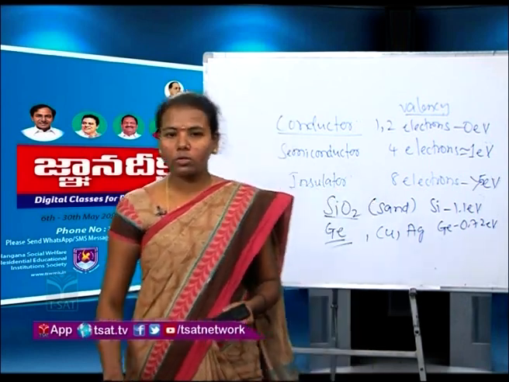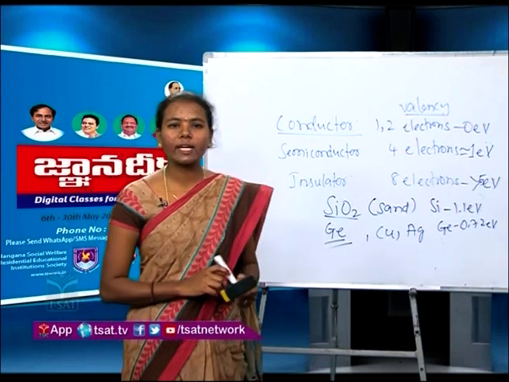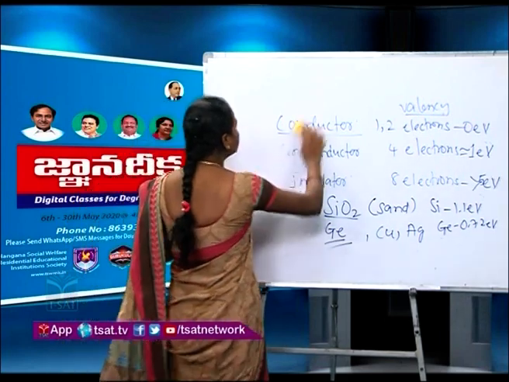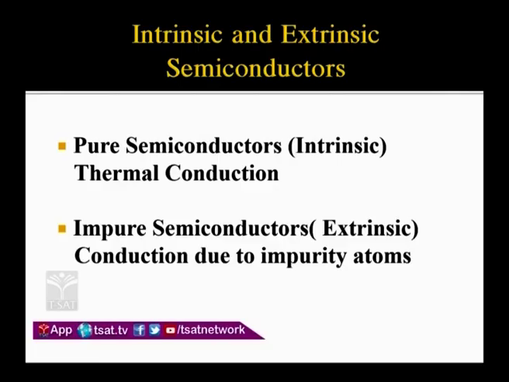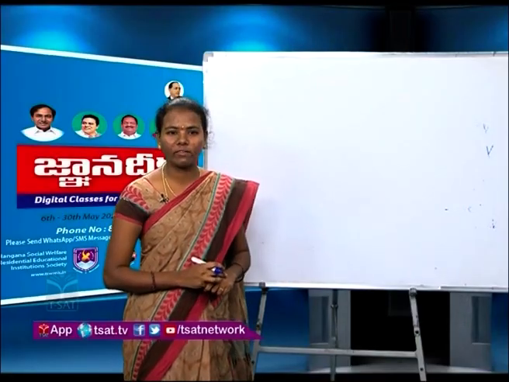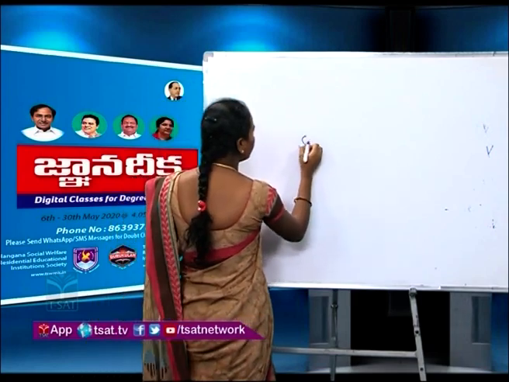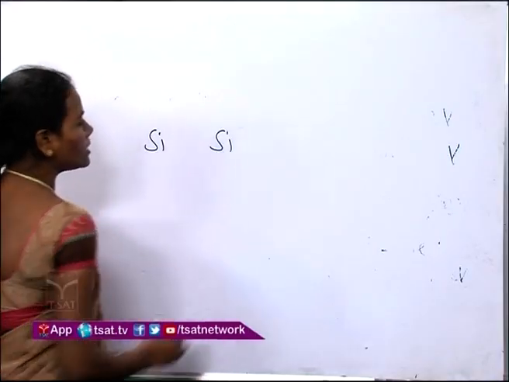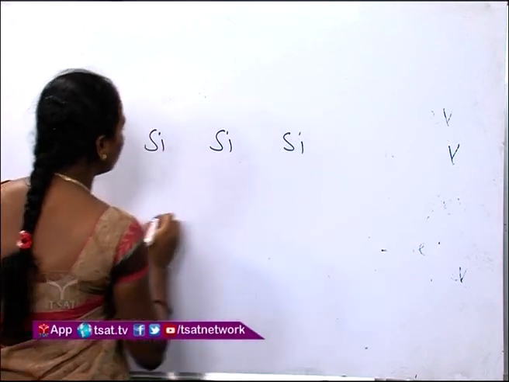Now let us see the silicon structure. Silicon has 4 valence electrons, that is tetravalency. Let us consider this is a crystal of silicon.